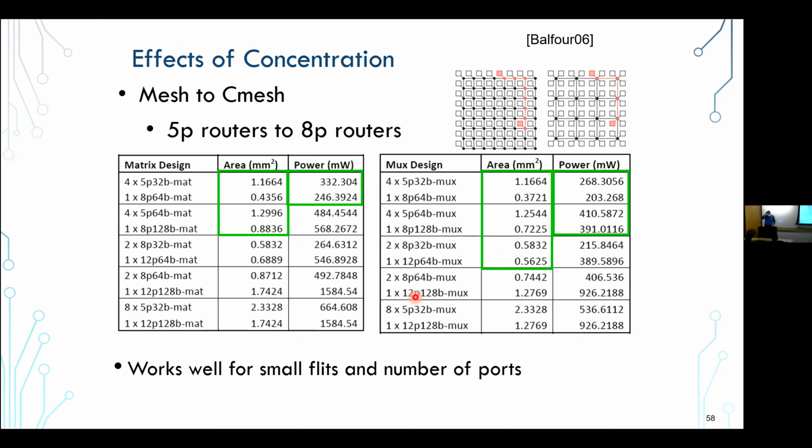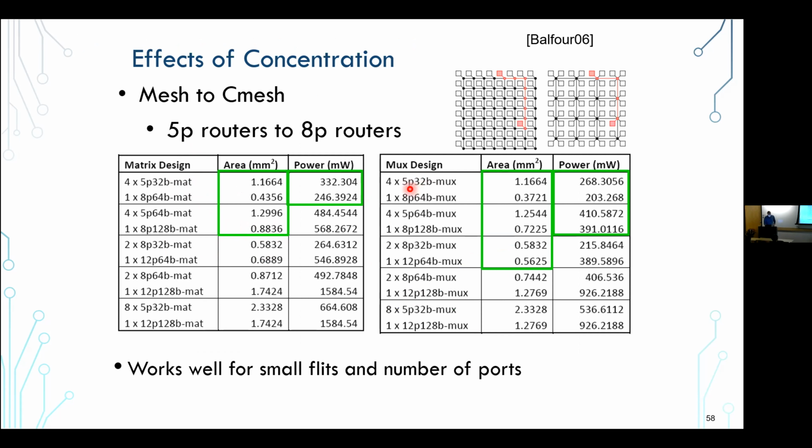And these are the effects of concentration that we were just mentioning. So if you take a look here, the concentration works well for a small number of ports, right? What we're showing here is basically, let's just focus on the max design because that's what we're going to do.